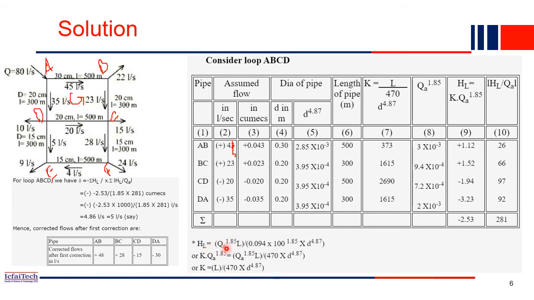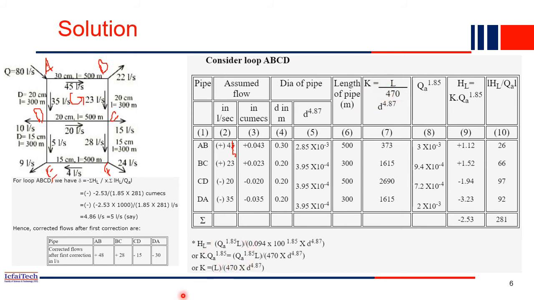HL equals K Q to the power of X. As I mentioned, we are using this Hazen-Williams formula. The X value will be 1.85. If you recall, in the last slide we have derived this expression, so the values are already substituted. If you substitute all these values, you get K equal to L by 470 into D to the power 4.87. This is the expression we have written here. That's how we got this K value.